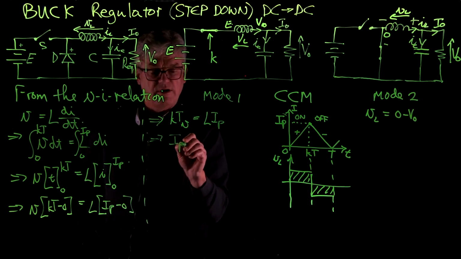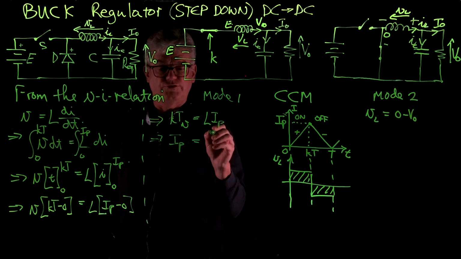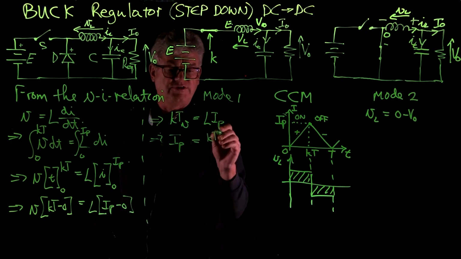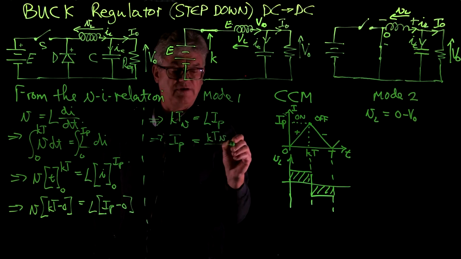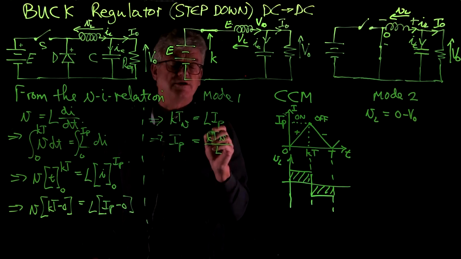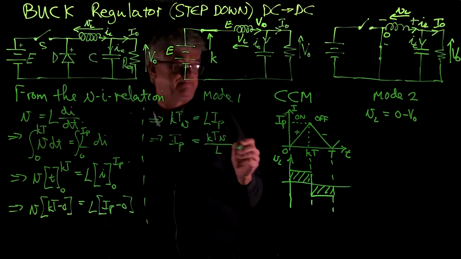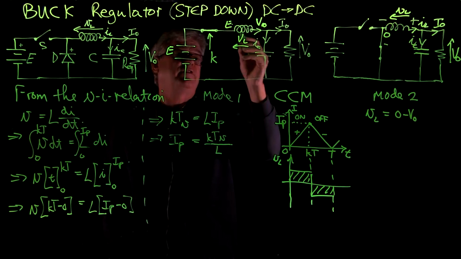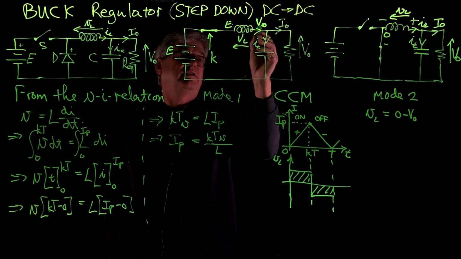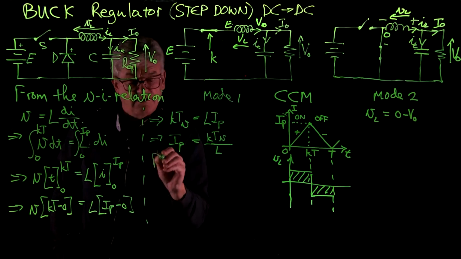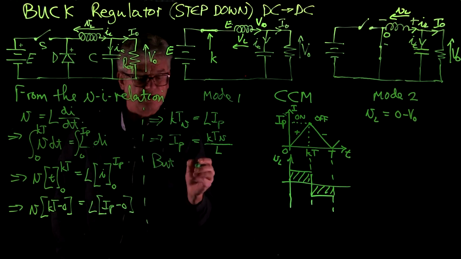Therefore, IP is equal to KTV divided by L. But we've already said that VL is equal to E minus V out during mode 1.